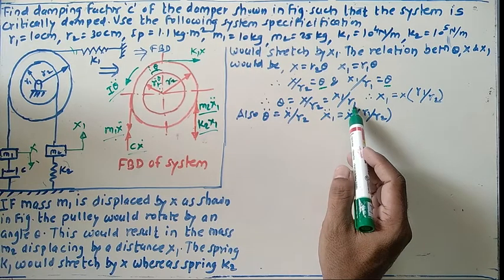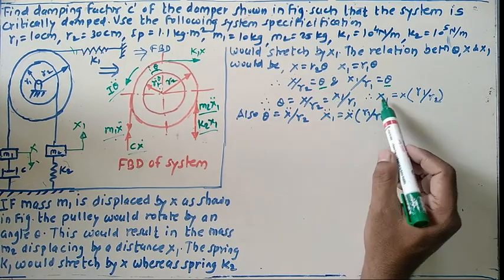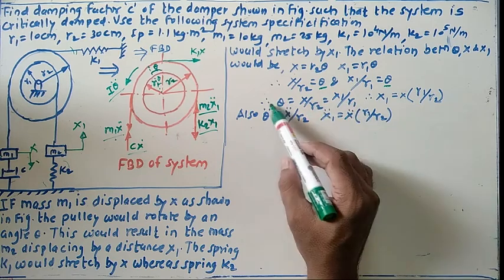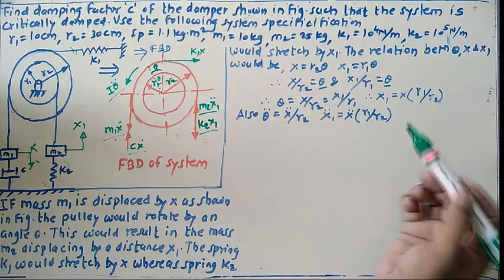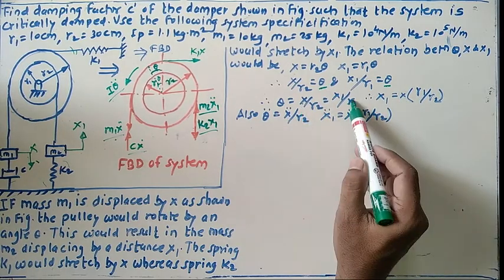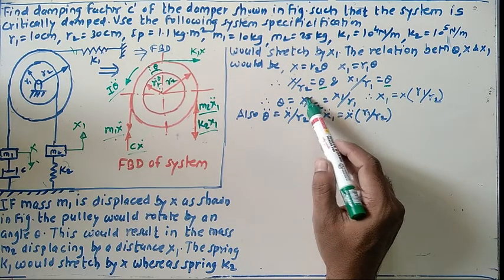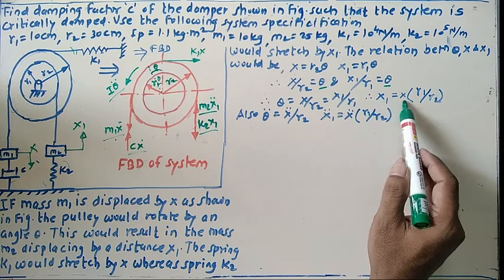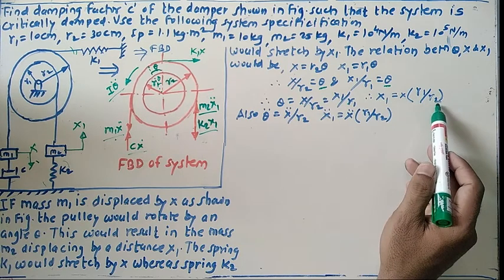Or simply, taking r1 to this side, x1 equals x, which remains as it is, and r1 goes in the numerator. So x1 equals x into r1 by r2.